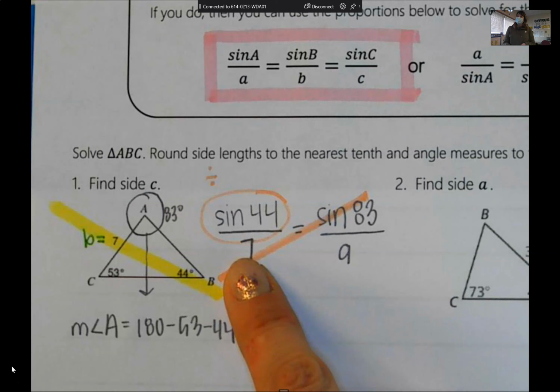So for instance, if this is angle A, then side A is across from it. This is angle B, that means the length of 7 is side B. So we're going to write that in. 7 is equal to B. Did you write that down? Yes. Okay.